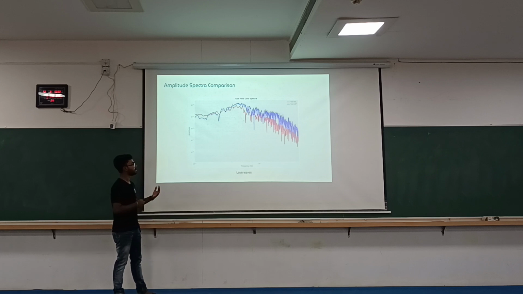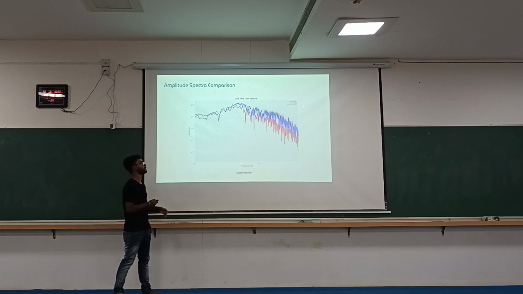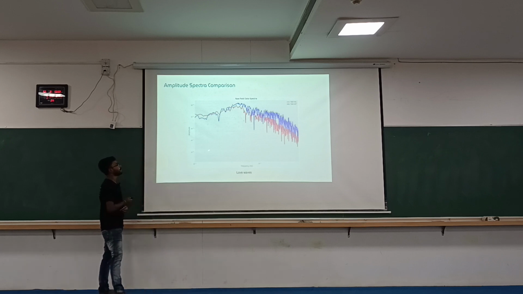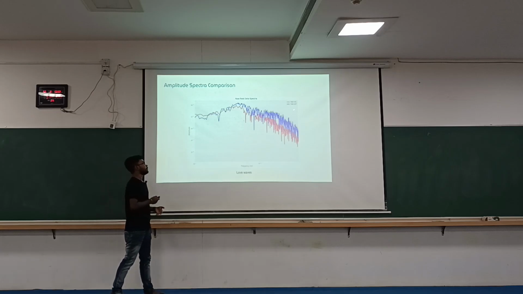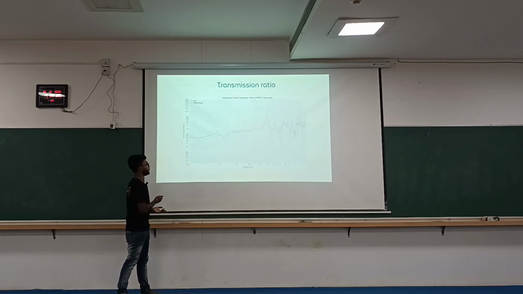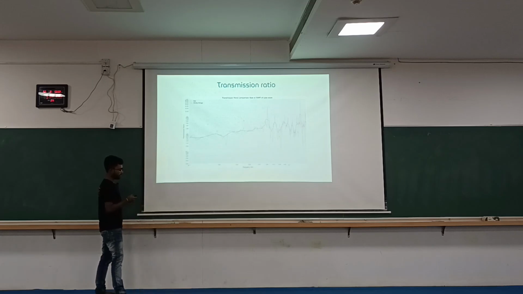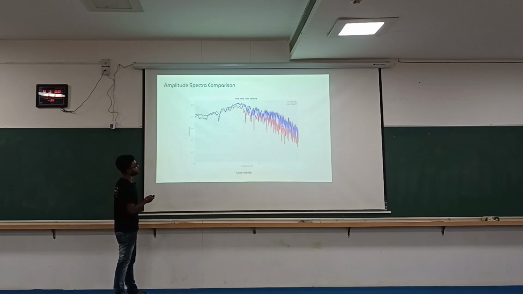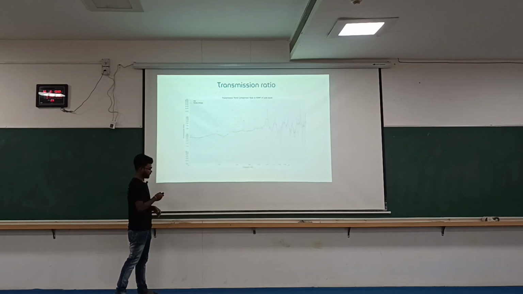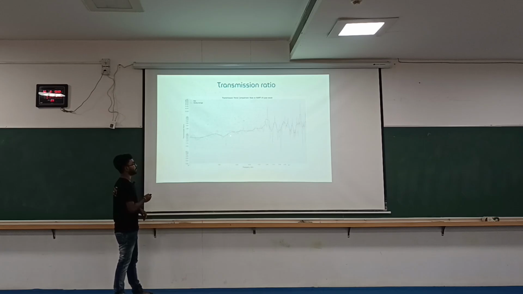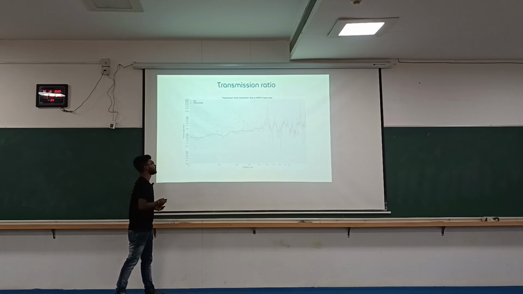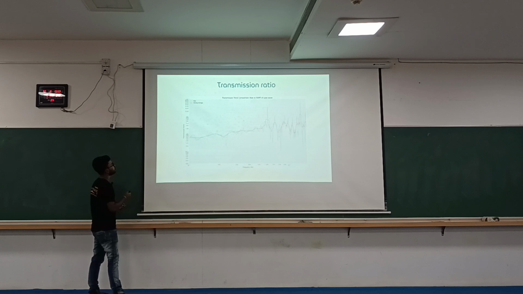Here we can see the amplification happening. Then we calculated the transmission ratio by dividing the Agartala amplitude by the Shillong amplitude. This is the transmission ratio of the real data. As you can see, it is going up to 5 to 6 times.